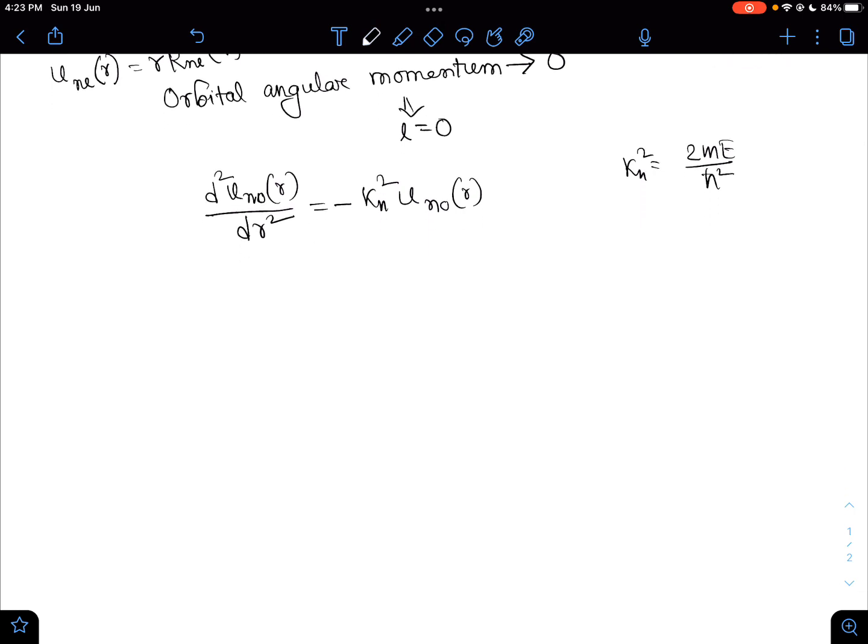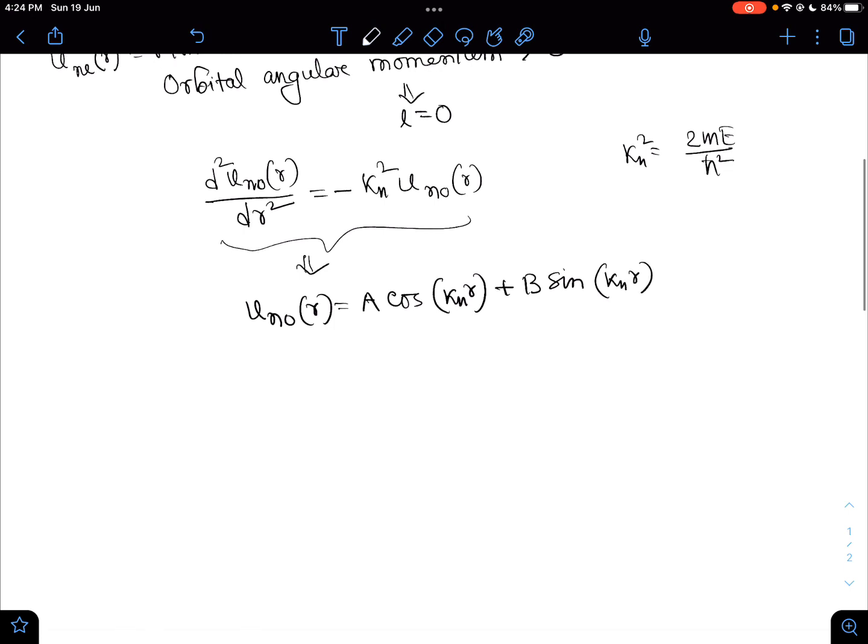So what is the general solution of this equation? This is a well-known equation. Its general solution will be u_n0(r) equals a cosine k_n r plus b sine k_n r.